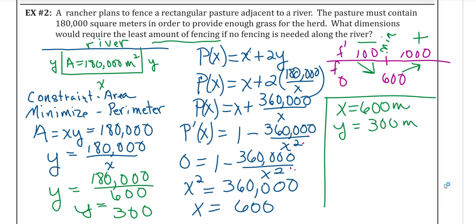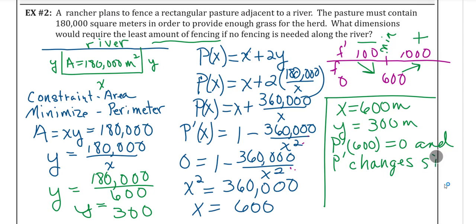And I know this because I can say that p prime of 600 equals 0, and p prime changes signs from negative to positive.